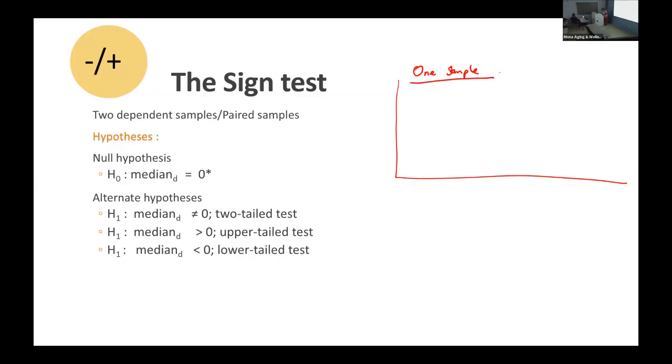For one sample, the null is that the median is equal to the reported median. So not your sample median, but your population from which you draw your data, that median is equal to M naught. So M naught is your reported median. So there's no difference, it's the same thing.